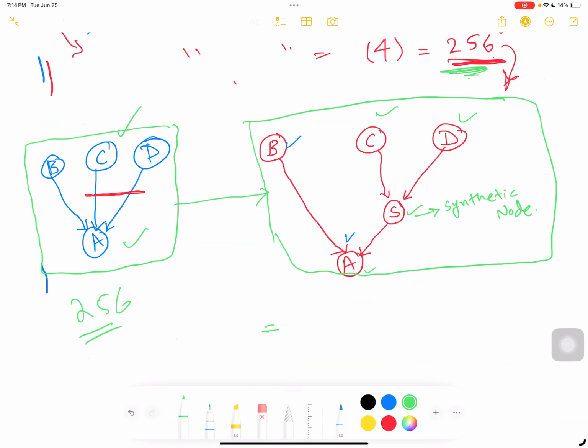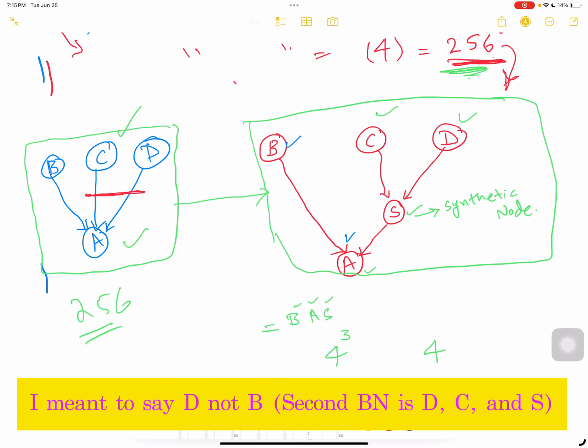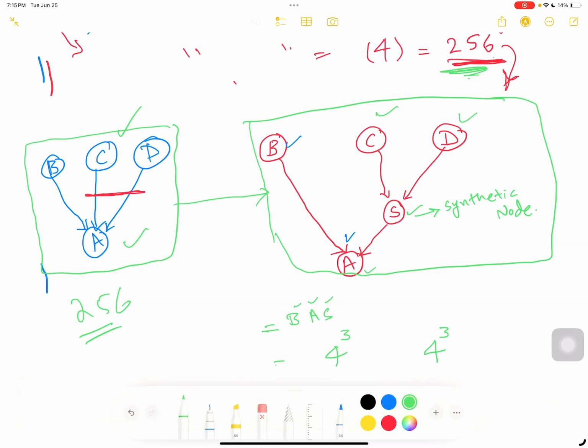For this network, the number of states for B, A, and S remains the same, 4 basically. The variables involved are 3 variables: B, A, and S. And for this network, which is C, D, and S, the number of states remains 4, and the variables are 3. Because I want the combined number of probability values, I just take the sum of these two values, and that turns out to be 64 probability values.